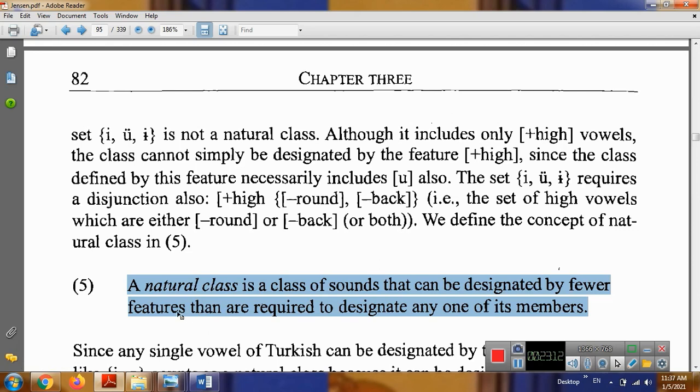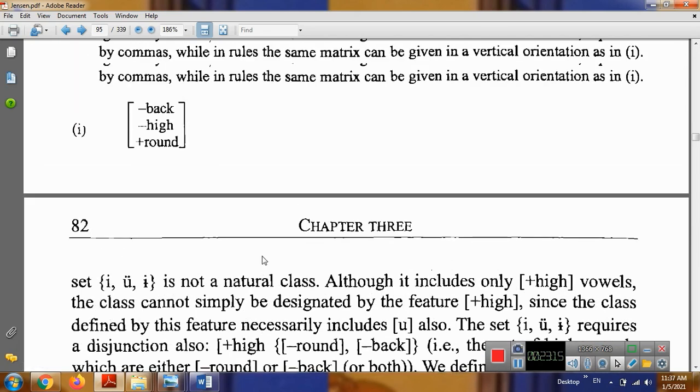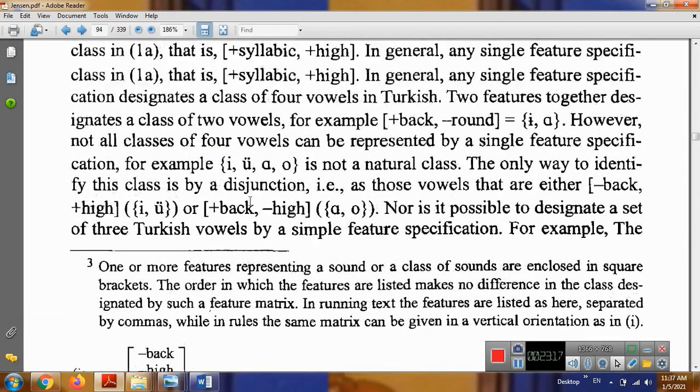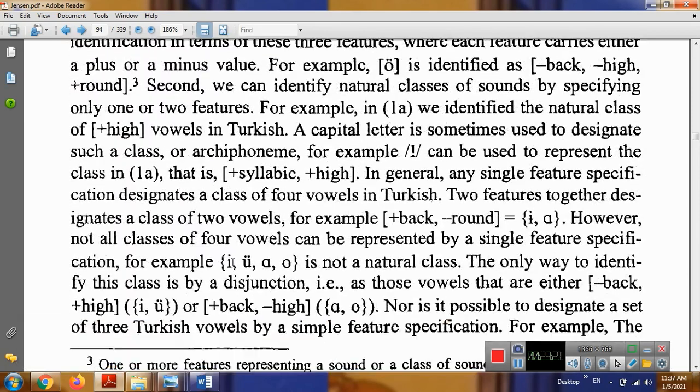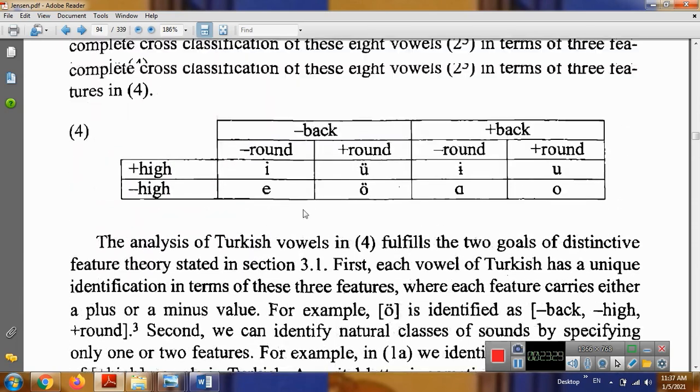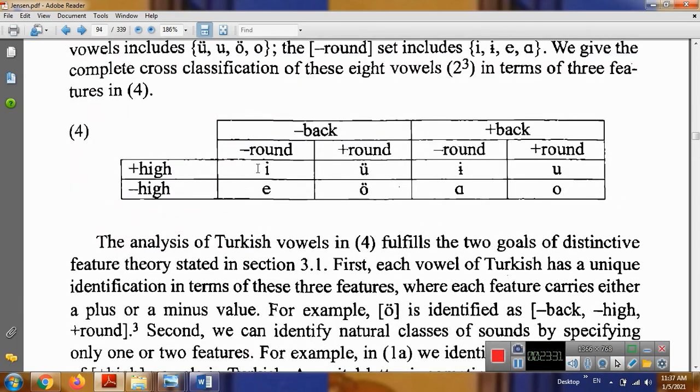For example, in Turkish, instead of mentioning these four vowels, which are not a natural class, I just say plus high, which means these four vowels, and minus high means these four vowels.